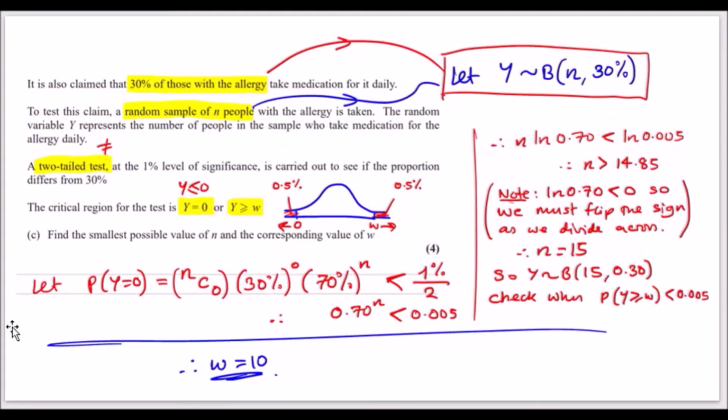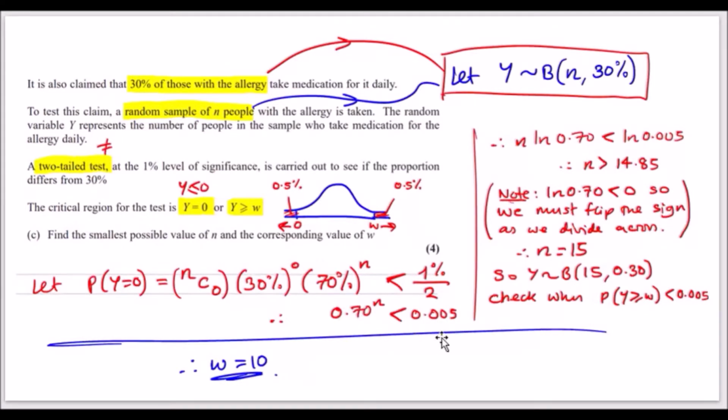So I said, let the probability Y equals 0 be the usual binomial formula: n choose 0, probability of success to the power 0, failure to the power n. n choose 0, anything choose 0 is always 1, so that's 1. This is also 1, anything to the power 0 is 1. Now 70% to the power n is just 0.70 to the power n. And this is less than 1% over 2 because it's two tails, so 0.005. And now we just solve for n.